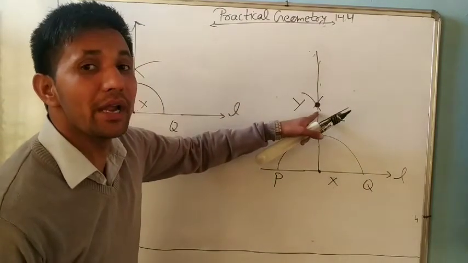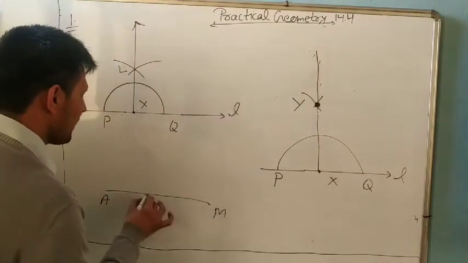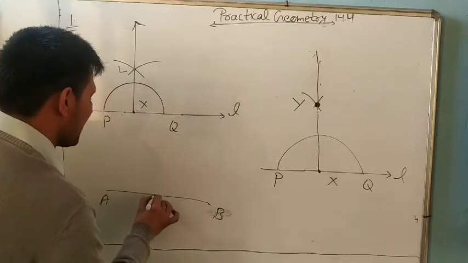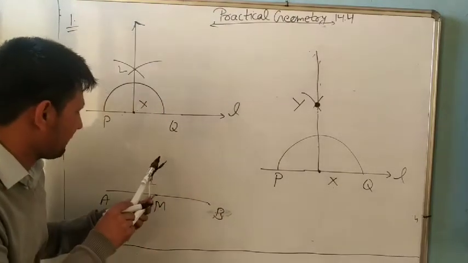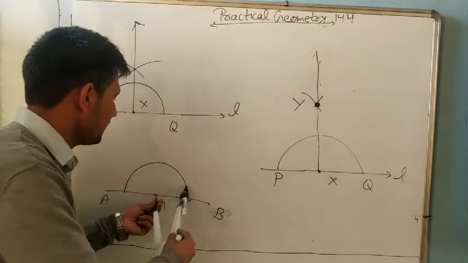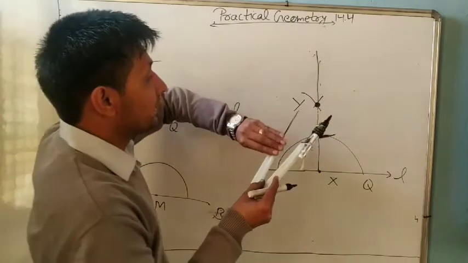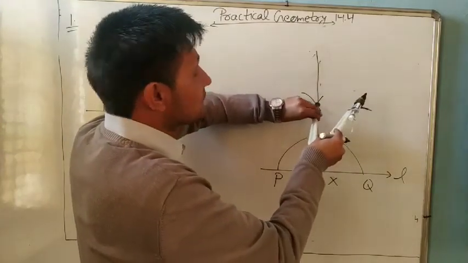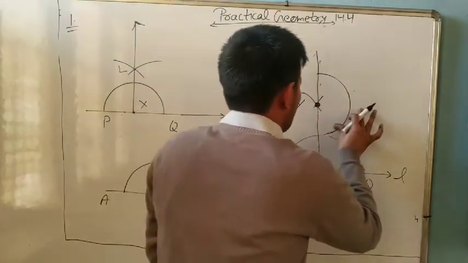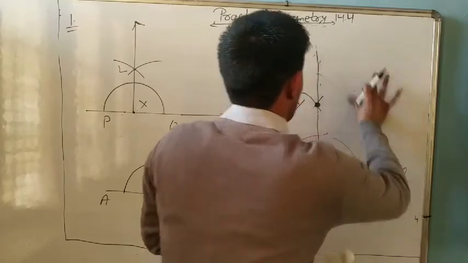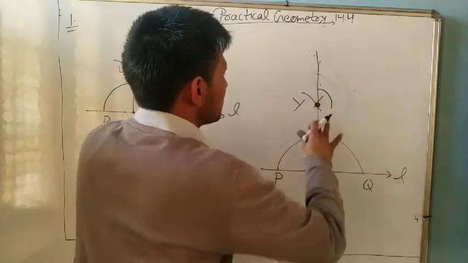Just tell me, in question number 1, if you want to draw a perpendicular at M, what will we do? First, open the compass with any radius, take M as center and draw an arc like this one. But here we want to draw the perpendicular at Y. So take Y as center and draw an arc like this one.